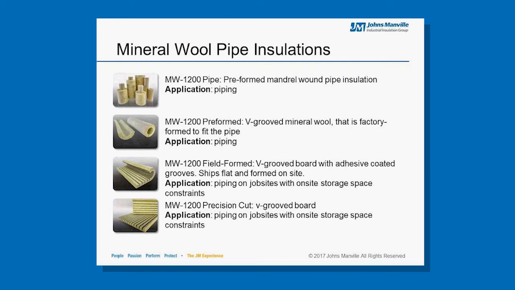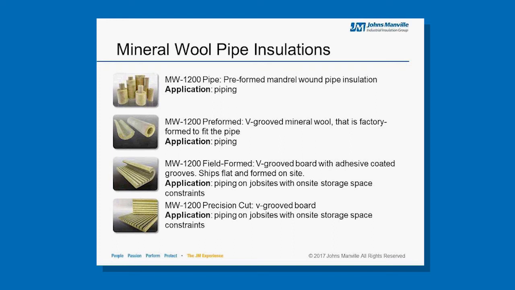The remaining two on this slide, Min Wool 1200 field formed as well as Min Wool 1200 precision cut, are formed in the field to fit precision diameters. The difference between these two products, while they look the same: the first one, Min Wool 1200 field formed, ships flat. There is glue already applied in the grooves, so that when you form it in the field, it remains formed in that pipe shape.